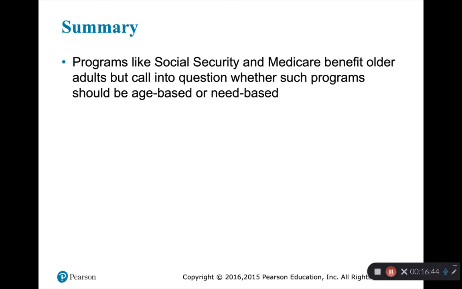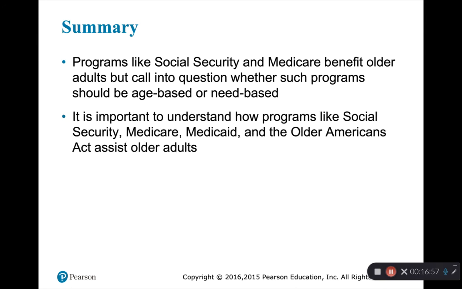So programs like Social Security and Medicare benefit older adults, but call into question whether such programs should be age-based or need-based, and additionally, what role the government or states should play in these programs. It is important to understand how programs like Social Security, Medicare, Medicaid, and the Older Americans Act assist older adults, including the limitations and benefits that they provide.